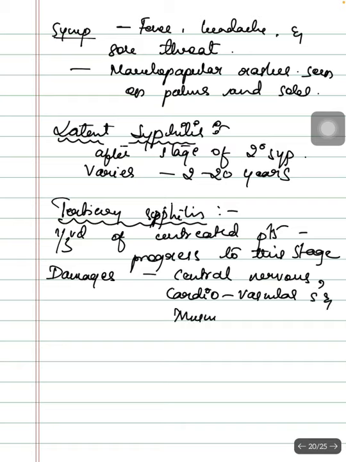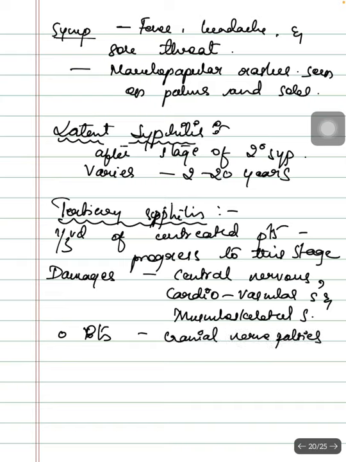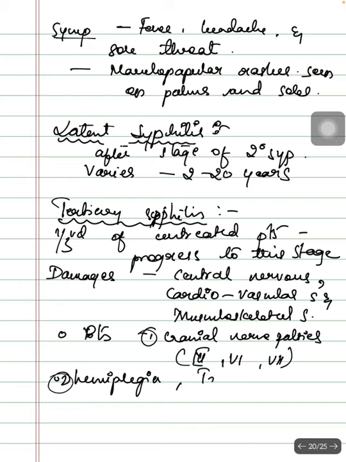The patient may present with cranial nerve palsies, of the 3rd, 6th, 7th, and 8th nerves. Cranial nerve palsies is the first one, hemiplegia is the second one, and the third one is tabes dorsalis.